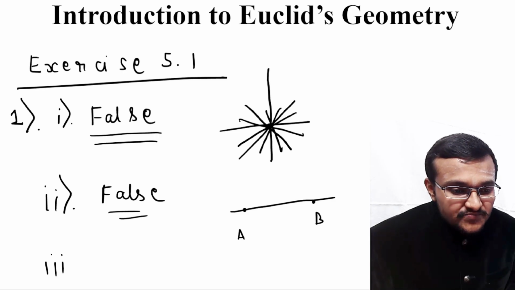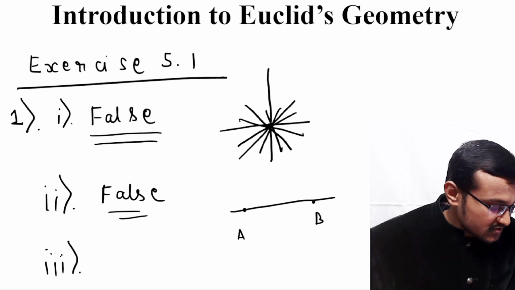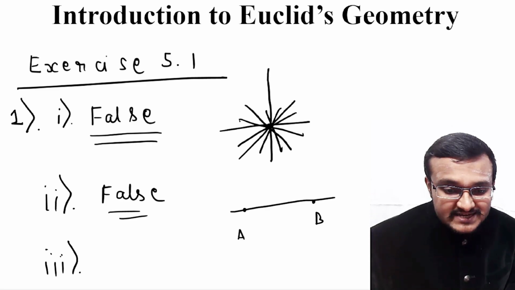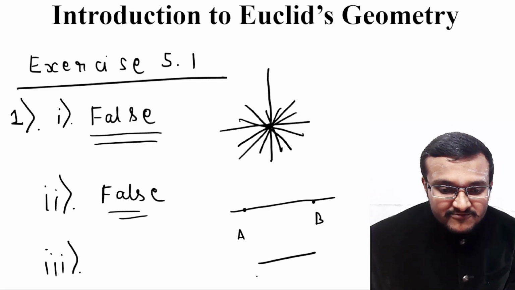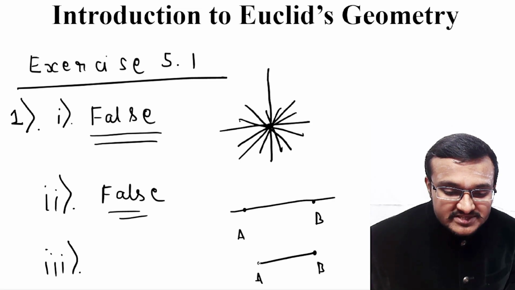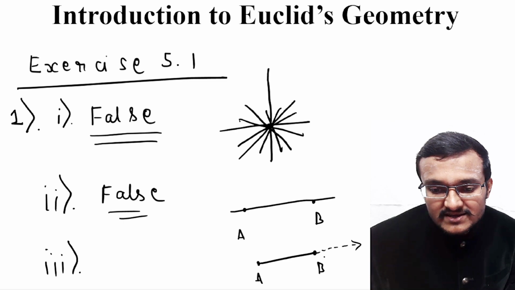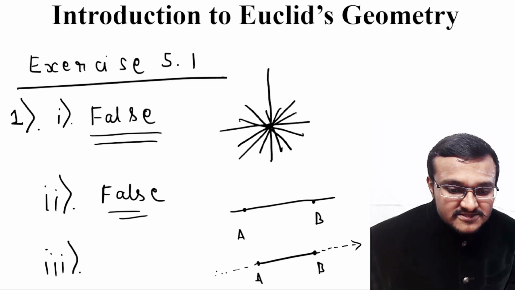Now we will look into the third statement: a terminated line can be produced indefinitely on both sides. This is true because if you have a line like this, A and B, which has been terminated, it can be extended infinitely on both ends like this.